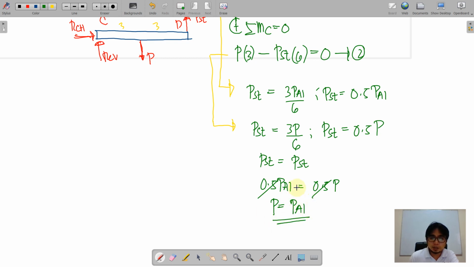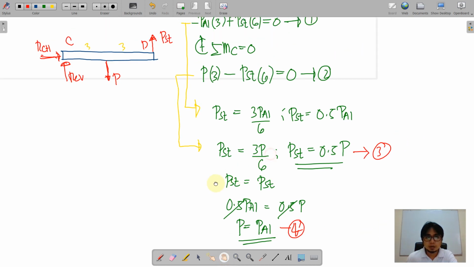So P of aluminum is in terms of P, and P of steel will also be in terms of P. Our purpose here is to express all of the values in terms of a single unknown, that is P. Let us name this equation 3 and this equation 4.